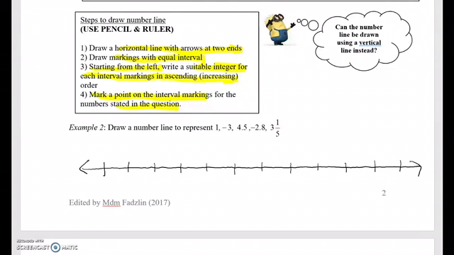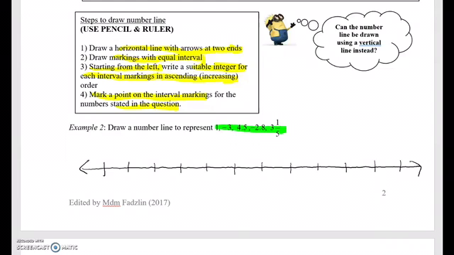Next, looking at these numbers, we need to write a suitable integer for each interval marking. So I notice that the smallest number for this question is negative 3, while the biggest number is 4.5.